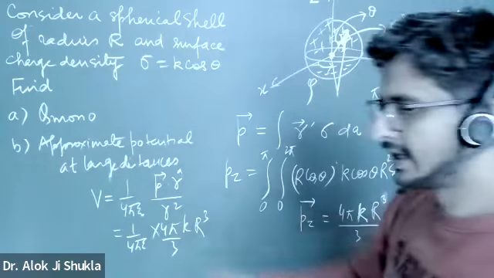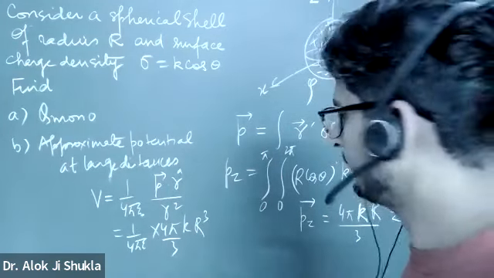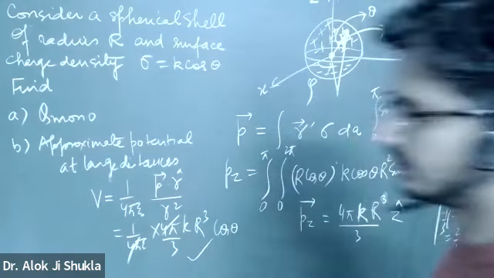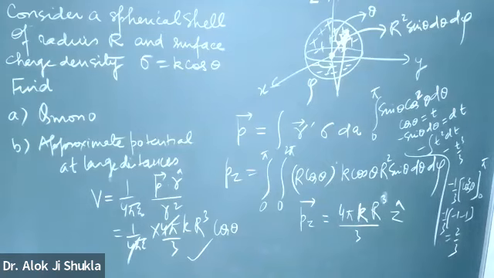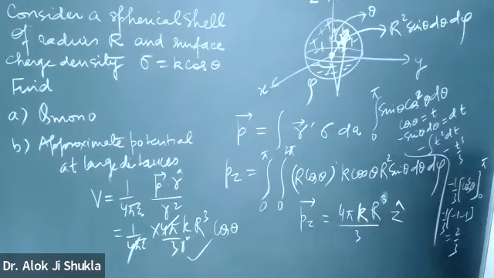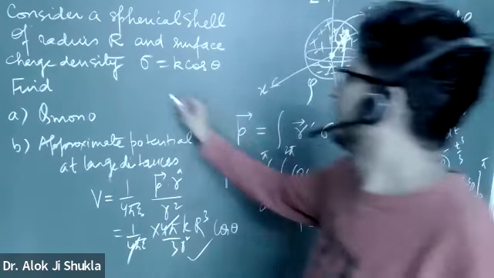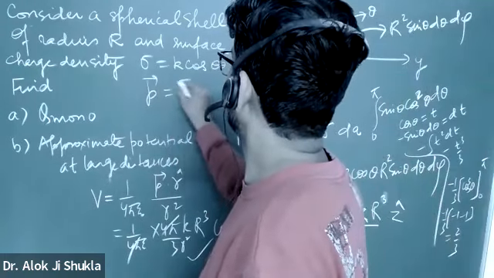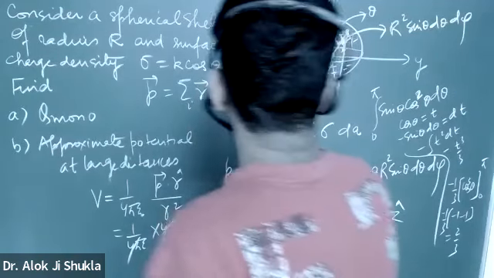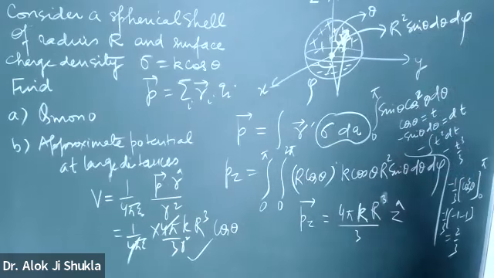Z cap dot r cap will give you a cos theta term. And 4 pi will cancel. So this is the answer of potential by r square. So this I have written from when we did P is equal to summation Ri Qi. So just Qi I have written as sigma dA, nothing else. Okay?